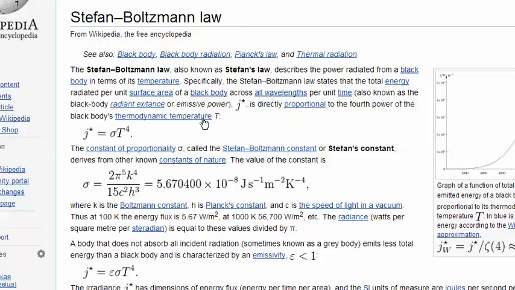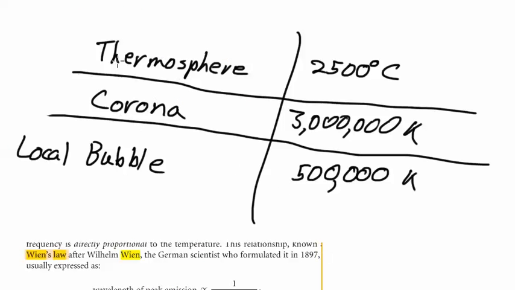We have Stefan Boltzmann's law that tells us the power output of a blackbody given its temperature. The trouble is, I don't think the thermosphere or the corona or the local bubble represent what we would call a blackbody.